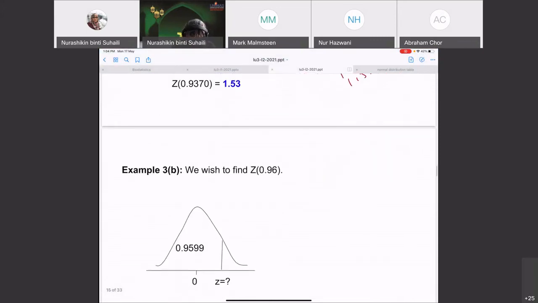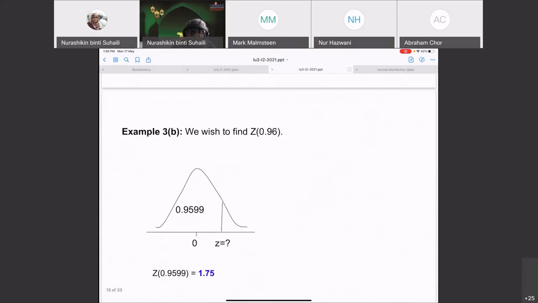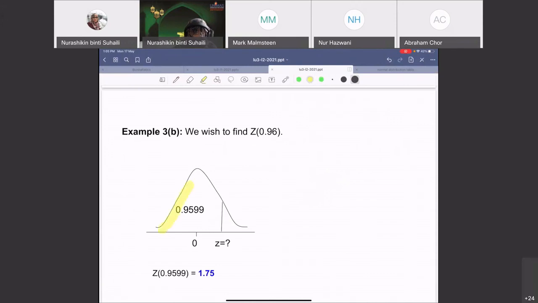Okay, this one is the same, 0.96. You sketch it, right? 0.96 means it covers quite most of the distribution.